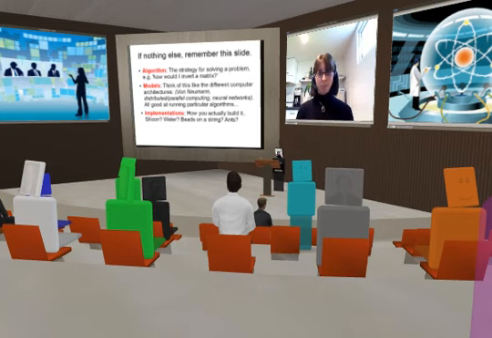It could be beads on a string, like people used to count using an abacus. It was a form of computing. And you could even use ants. I don't know if anyone has read the Discworld series, but you'll know that there's a computer which operates at Unseen University, basically harnessing the power of ants to do very complex computations. So I thought that was a nice example of a computer running on a different kind of substrate.